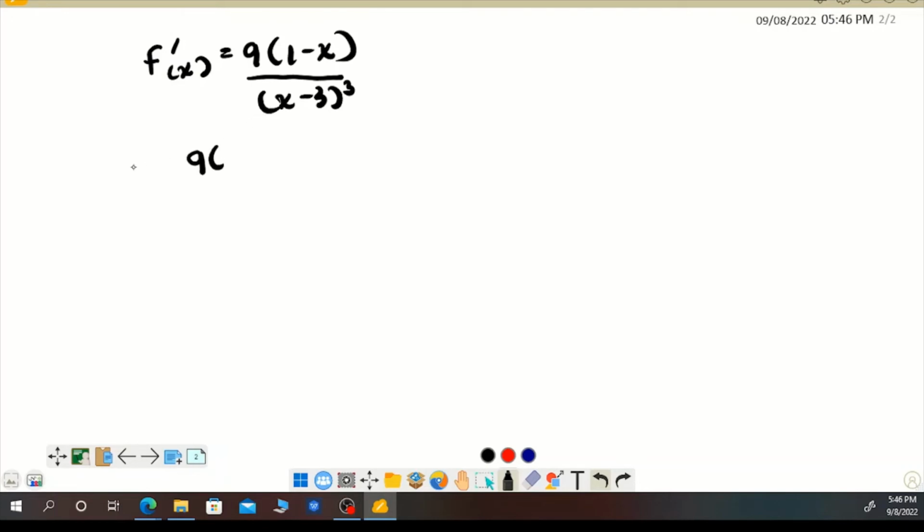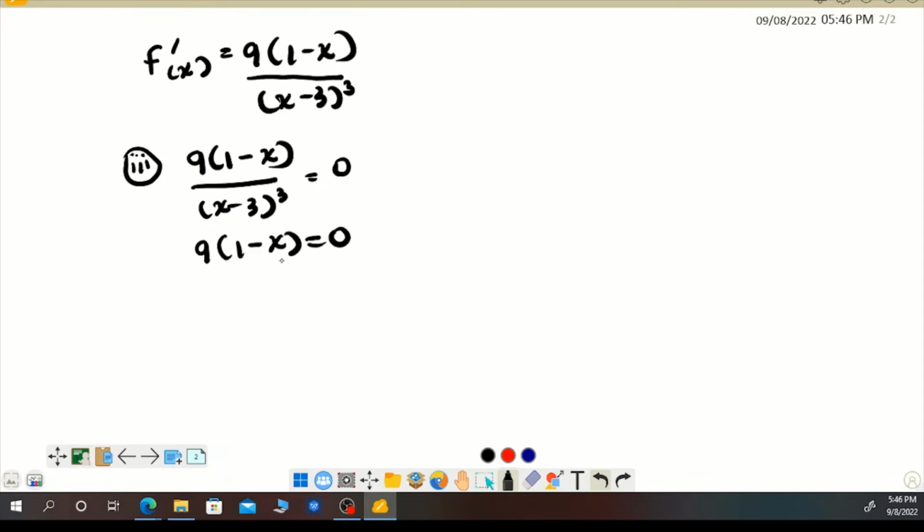So 9 into (1 minus x) over (x minus 3) cubed equals 0, which means 9 into (1 minus x) equals 0, and 1 minus x equals 0, so 1 equals x. So at x equals 1, there is a turning point.